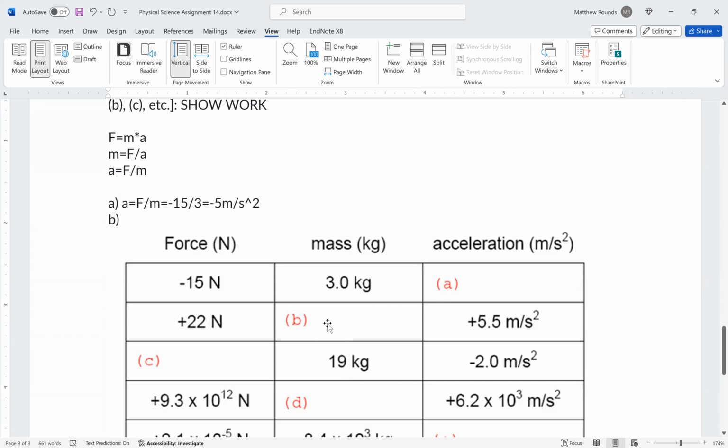Okay, so for mass, which of the three equations is it? Mass is force divided by acceleration. What is the force? The force is 22. And the acceleration is 5.5. Okay, could you calculate that for us?